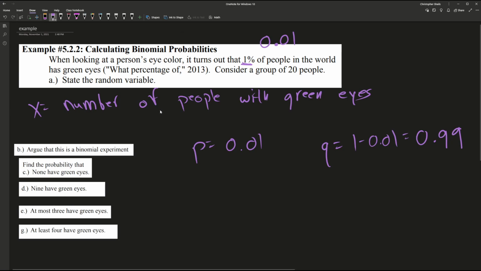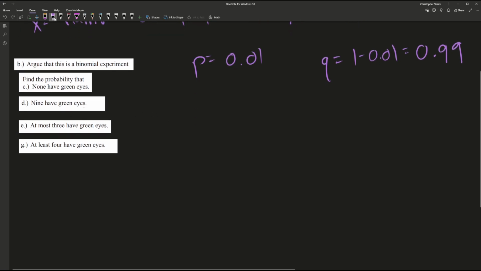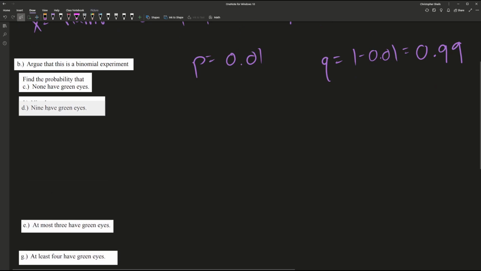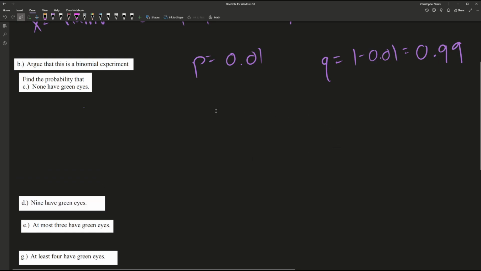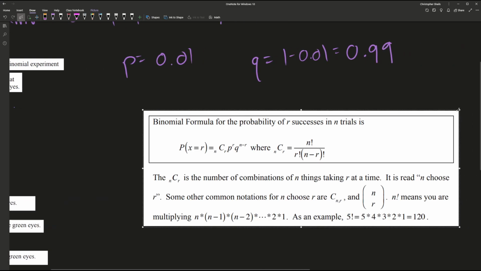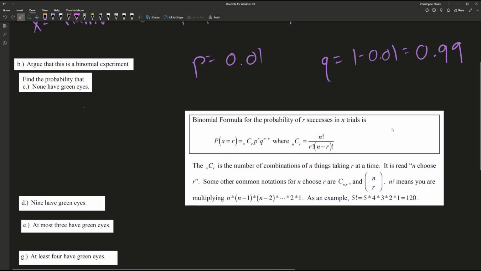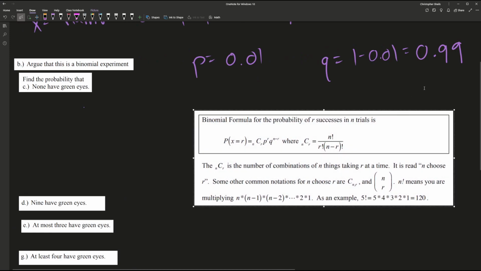So for part C, we want to find the probability that none of these people have green eyes. Let's look at our formula. This is n choose r.